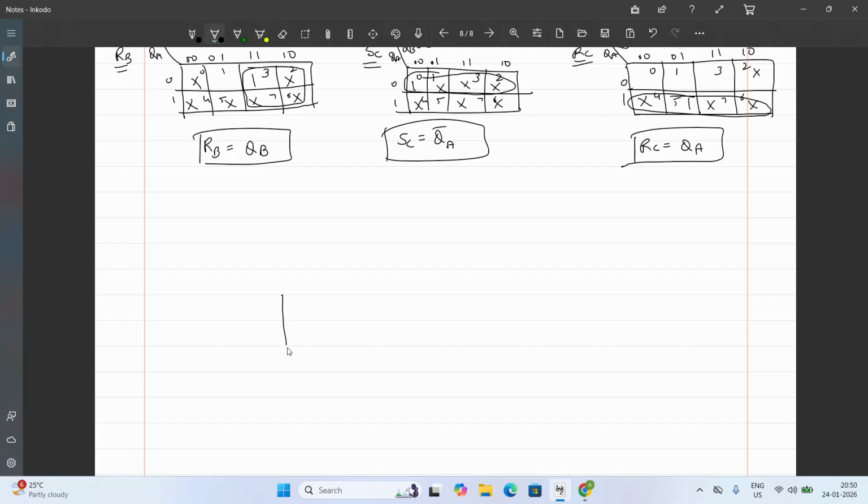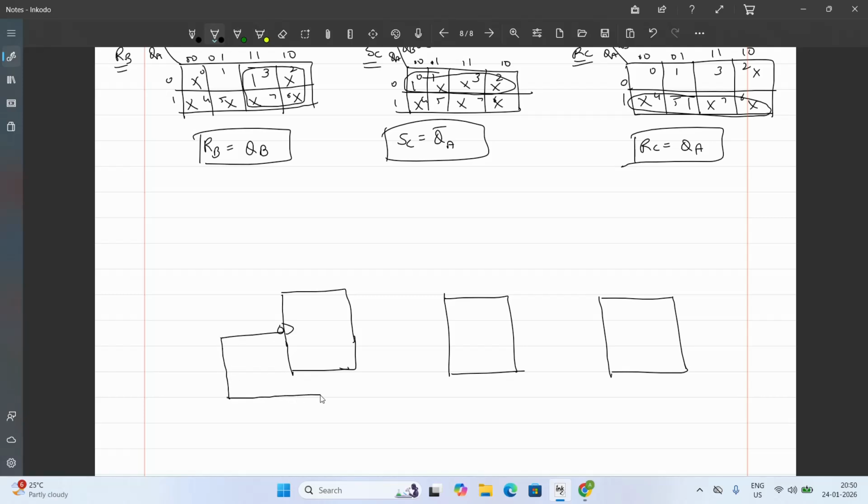The last step is to draw the diagram. 3 bits, so 3 flip-flops. All the clocks are shorted. This will do a count. You can check the counter videos.